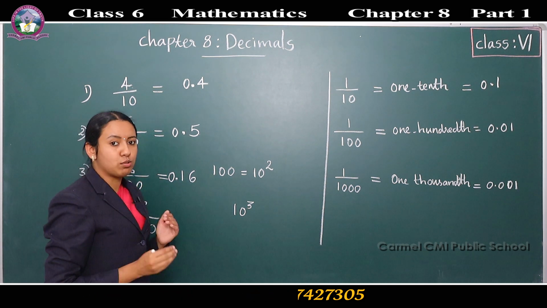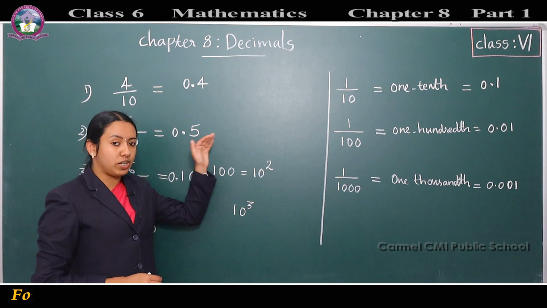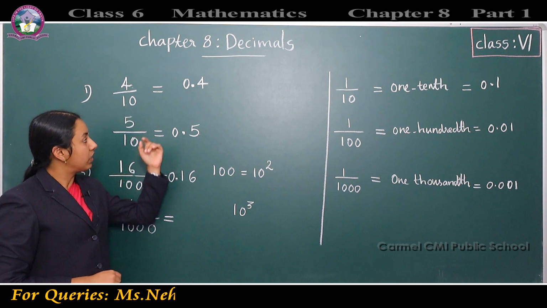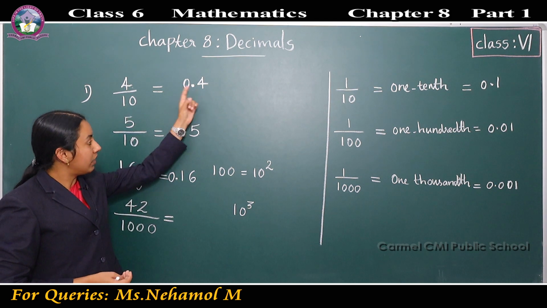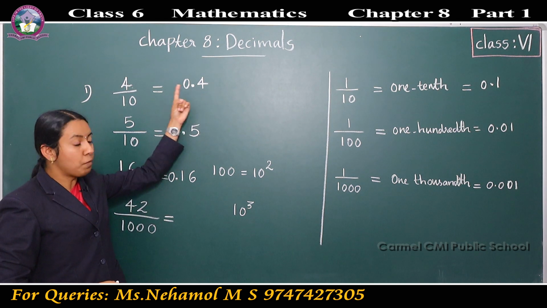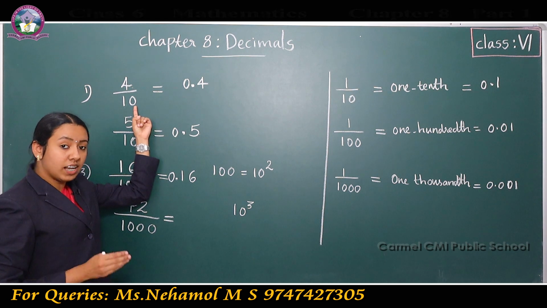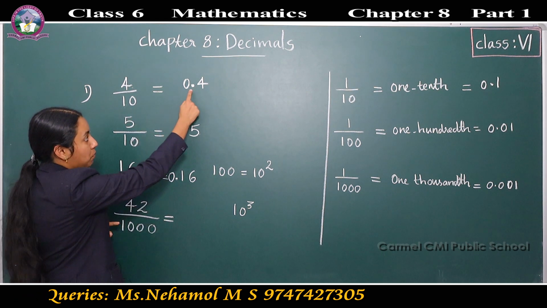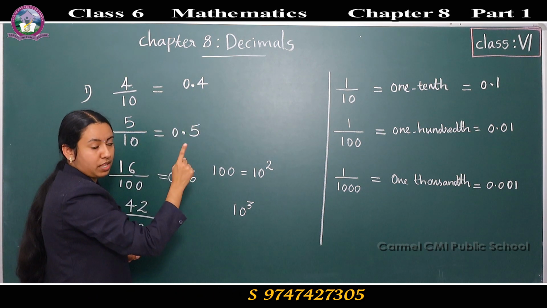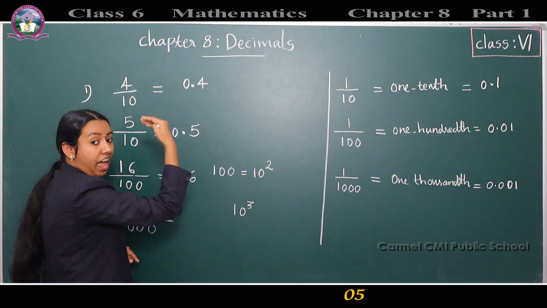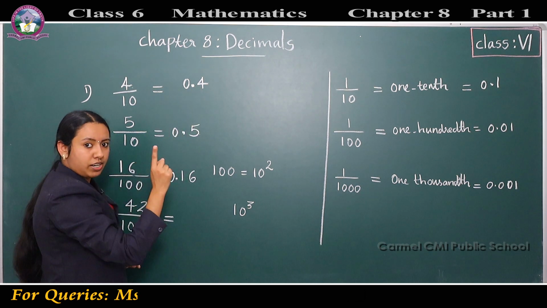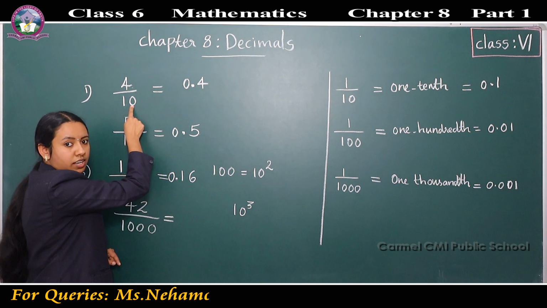So usually, to convert a fraction to a decimal, count the number of zeros in the denominator, then write the decimal in such a way that the decimal places are equal to the number of zeros in the denominator. Take 0.4. The places coming after the decimal point are known as decimal places. Here there is only one decimal place, and only one 0 in the denominator.